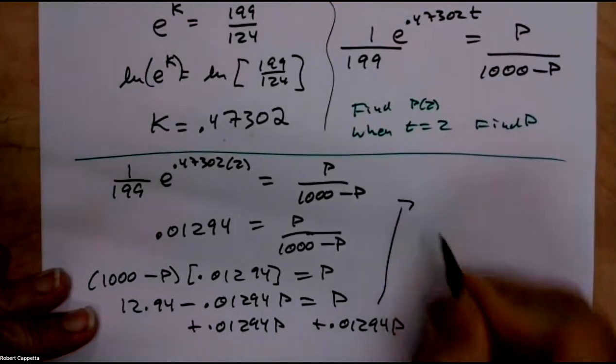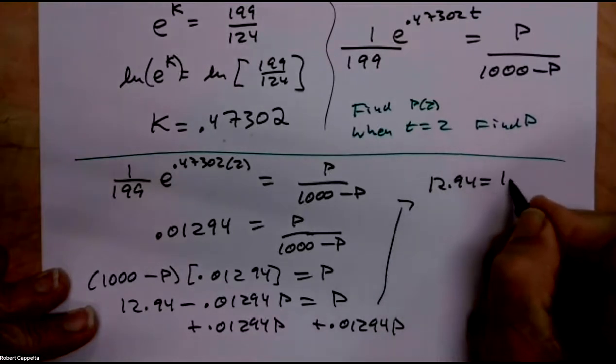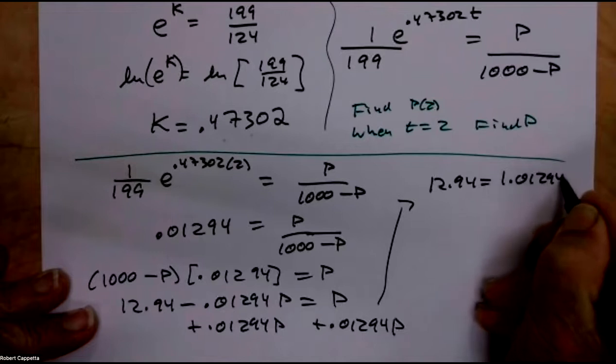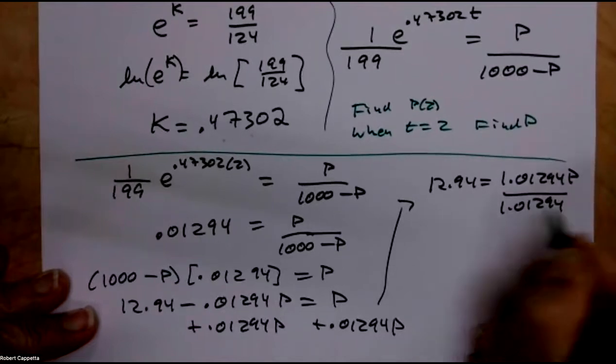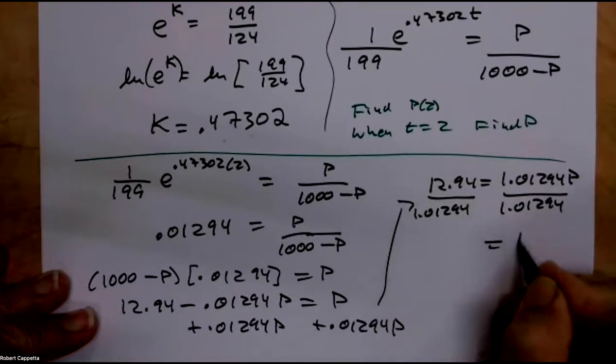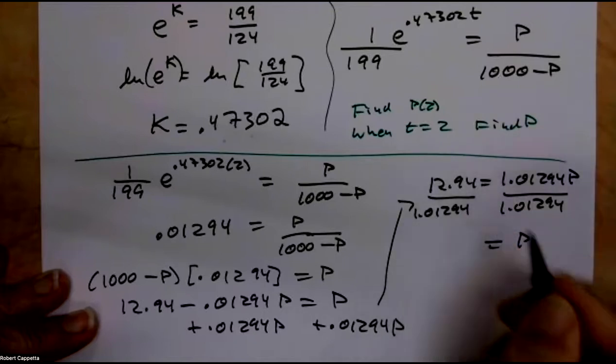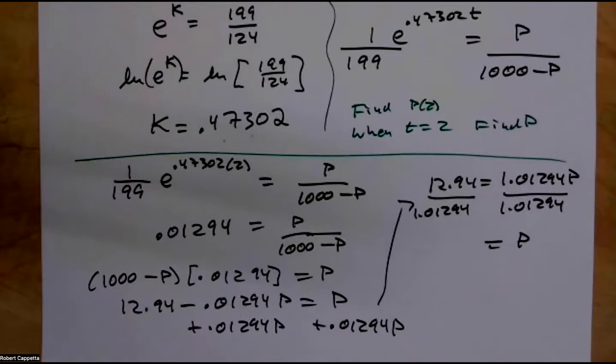where does that get us? 12.94 equals 1.01294p. Divide both sides by 1.01294. And where does that put p? 12.94 divided by 1.01294.